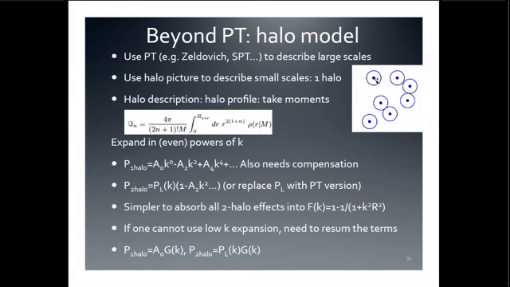I won't go into details, but this approach, phenomenologically, allows you to go to much smaller scales, of course always at the price of introducing parameters, but that's all we can do. Remember, perturbation theory can only get you so far. You'll never be able to do shell crossing with perturbation theory. So we really just want to parameterize our ignorance in the best possible way.